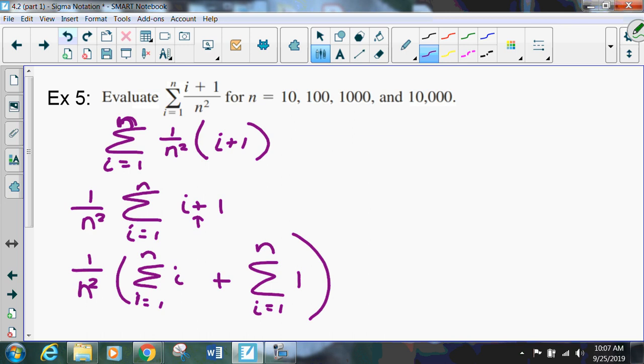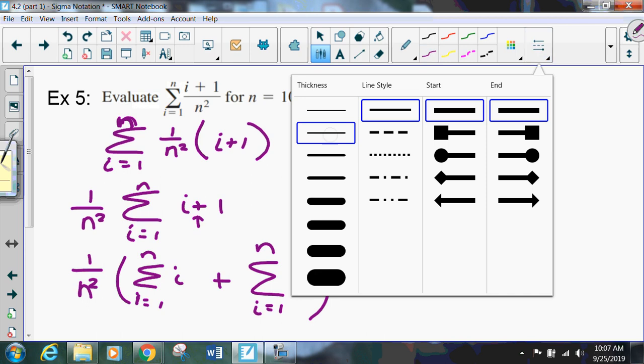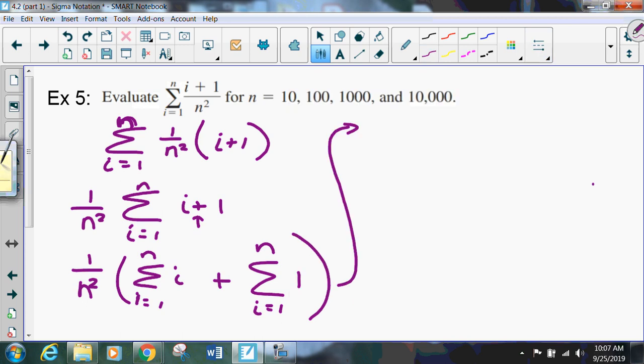So now I think the thinner size works better. Here we go. So now I'm going to say, wait a minute, I know this. This is my 4.2, my number 2, right?